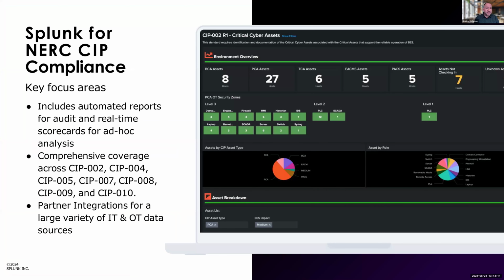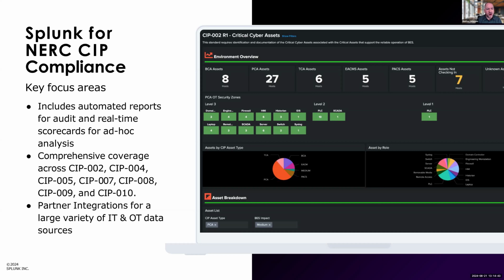So specific to CIP, you could really have three separate conversations with regards to Splunk and CIP. The first and most obvious one is, how can Splunk help you be compliant? If you imagine we're gathering data from endpoints, from assets, from firewalls and network, and alerts from IDS and other systems, and bringing all that into one place as a SIEM. There are obvious areas: for perimeter, for CIP-005, looking at things like firewall rule changes, prohibited traffic and failed logins.